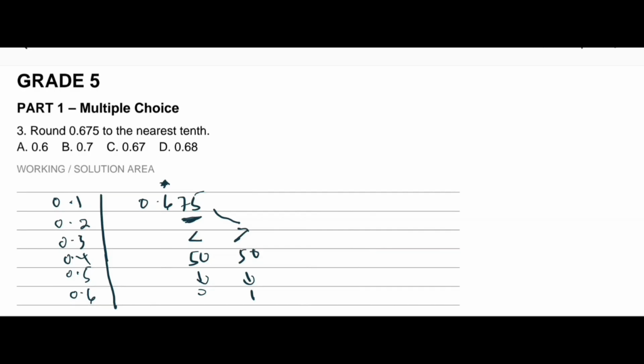Do you understand? So in this case, for 0.675, the 75 over here is more than 50. So you round it to 1 and add it to the 6. Do you understand? Round 0.675 to the nearest tenth.